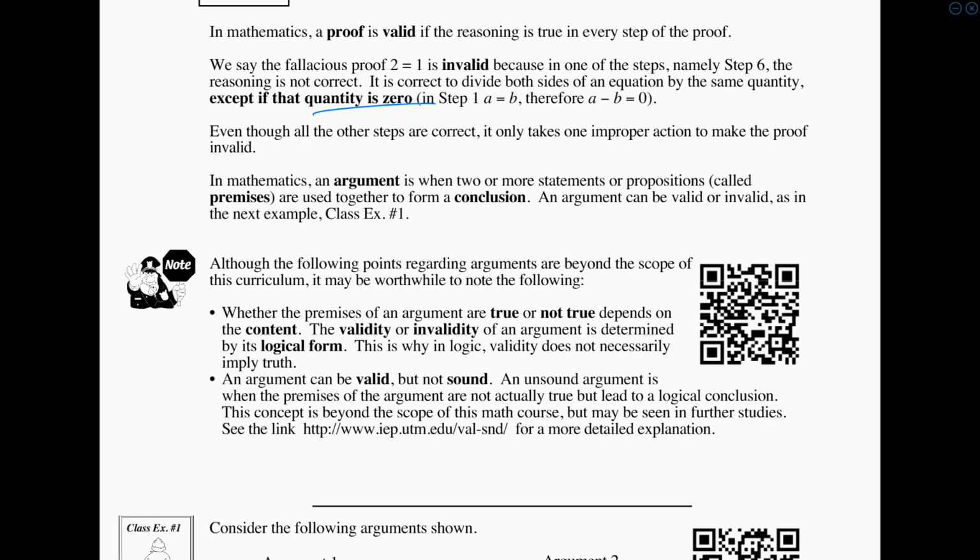Let's think of an example. If I said that premise 1 is that all students are taking math 20-2, and then premise 2 is all students who take math 20-2 love pizza, therefore all students love pizza.